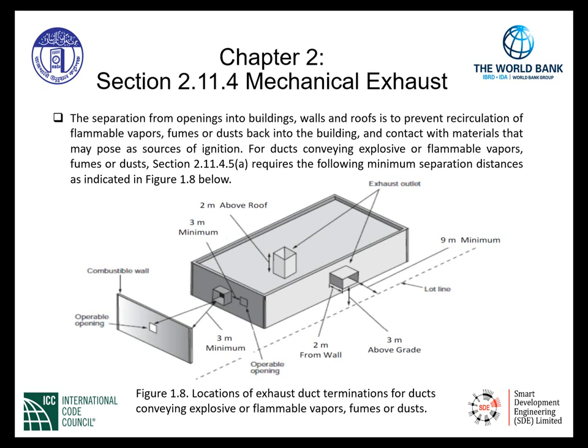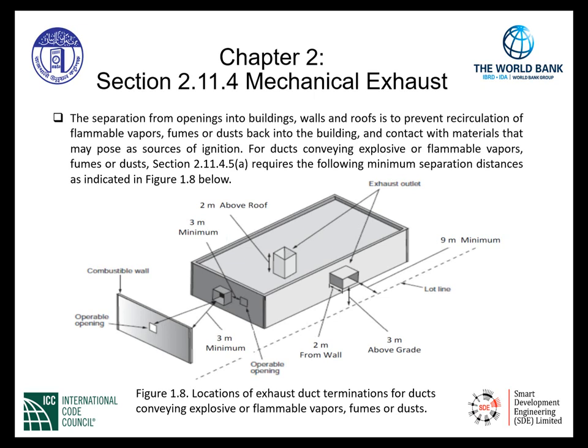From the side indicated with the operable opening on the left-hand side of the building, we need to be 3 meters minimum from the exhaust opening and 3 meters from any other building as seen here. You can see a combustible wall located adjacent to the main building with the exhaust duct termination. These are locations given to us graphically.